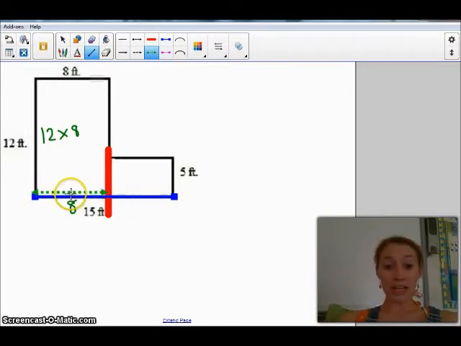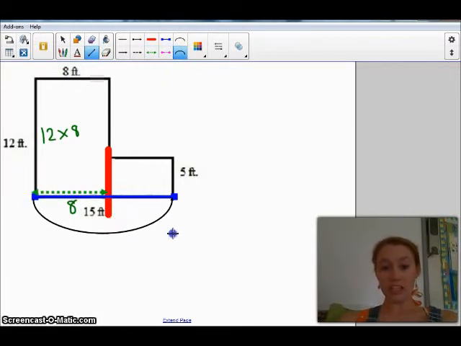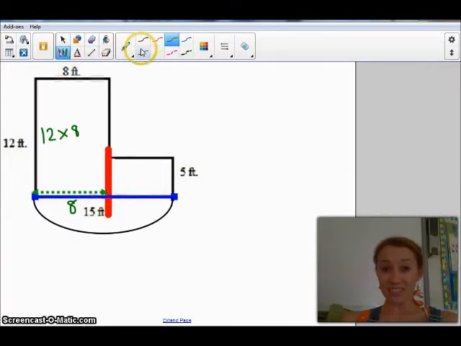So if that part is 8 feet, what is this part? Well, if the whole thing is 15 feet and that part is 8, then what is this part? Did you say 7? Yeah, it's 7 feet.